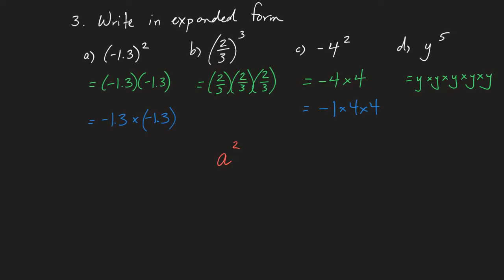I think we just have to be very careful with that. Because watch what happens if I take a and I multiply it by itself twice. There it is. A multiplied by itself twice. Now, we know that that's not what a squared means, but we have to be very careful on our wording.